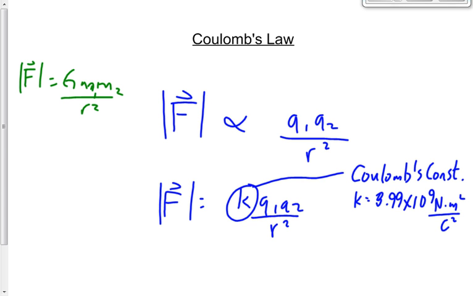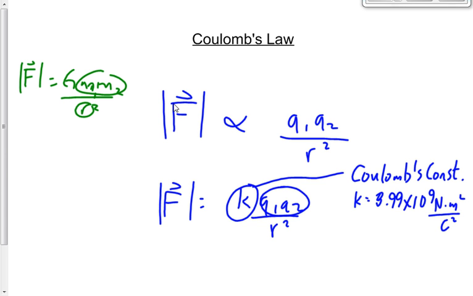The force of gravity between two masses is related to the inverse square of the distance separating those masses. The electric force between two charges in coulombs is divided by the square of the distance separating those two charges.